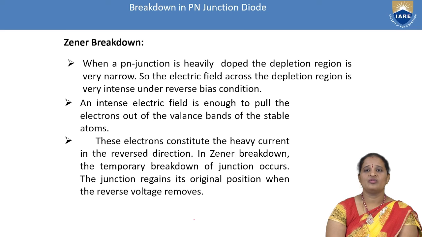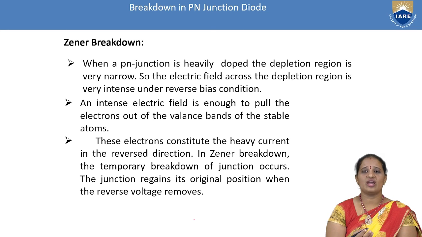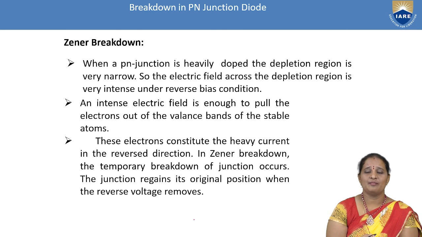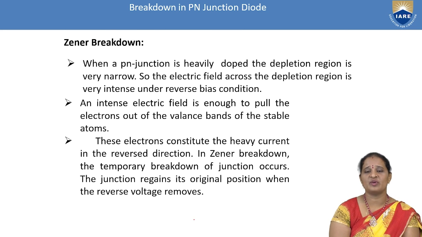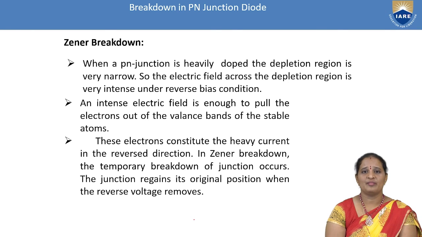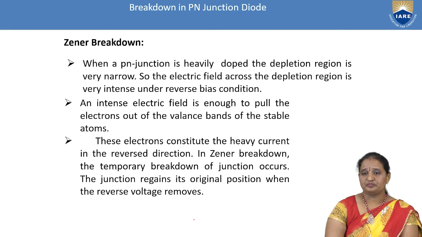The original position of the diode can be regained by just removing the reverse voltage applied. That means we can use that Zener diode again normally, whereas the PN junction diode cannot be used once it has broken down.